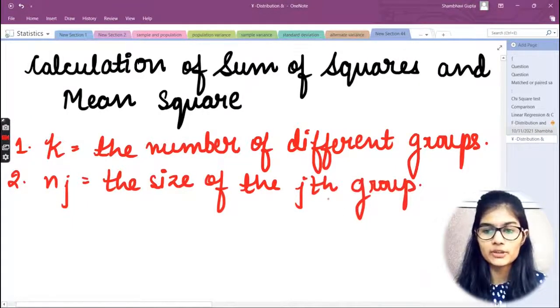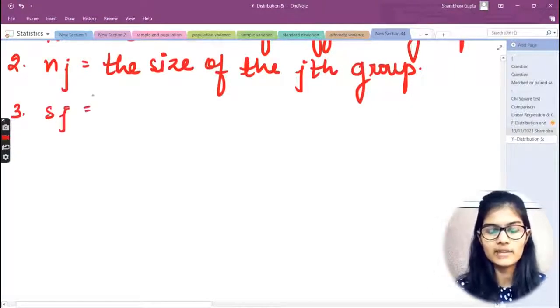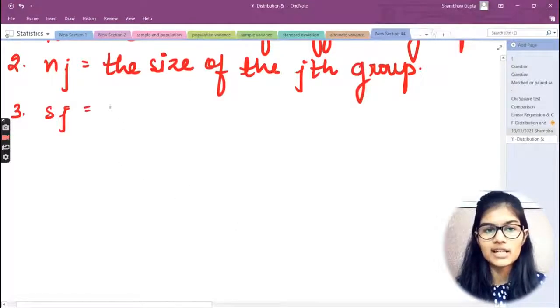So whenever you see a notation written like n with j in the subscript, you could understand that, okay, this is the size of the jth group, right? Now let me come down to the next third point, and now here we have s of j. Okay, what is that actually meaning?